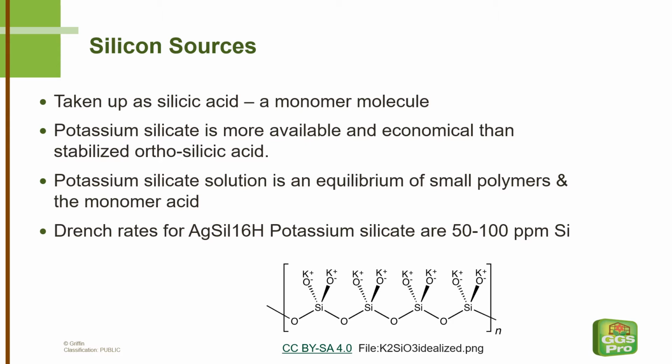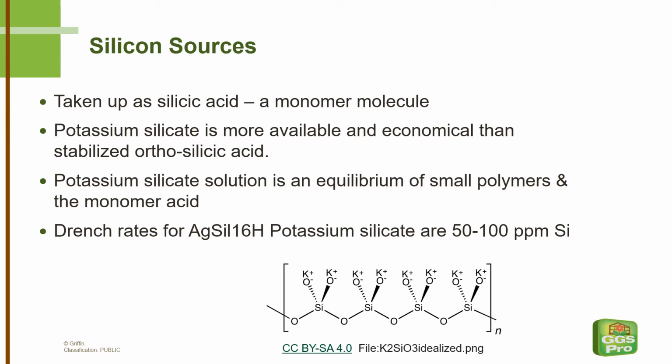It has to be manipulated somehow, otherwise it reverts to the natural tendency of silicon to form polymers. The potassium silicate is a polymer, but when it's in solution, it is in equilibrium with the monomer silicic acid, and that makes it a valid source for that monomer.